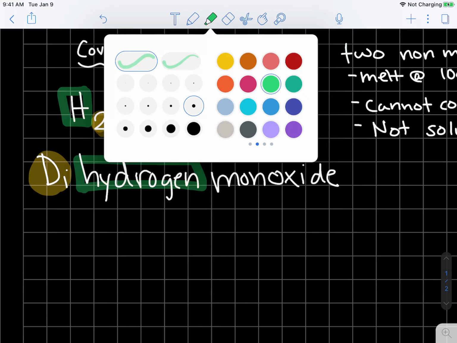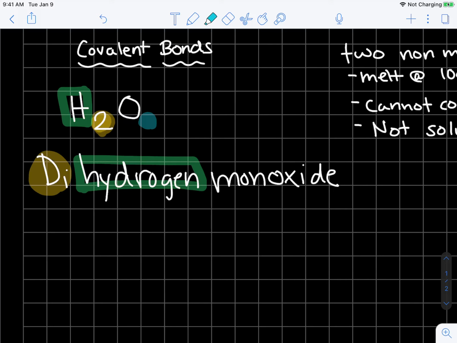Now there's only one oxygen. Remember, if you don't see a subscript, you know it's a 1. So that's your mono, meaning 1. And then the last word here is the second nonmetal.